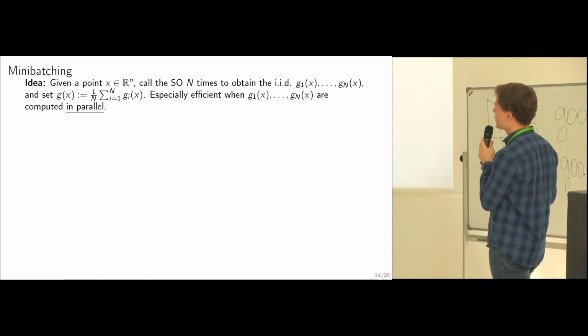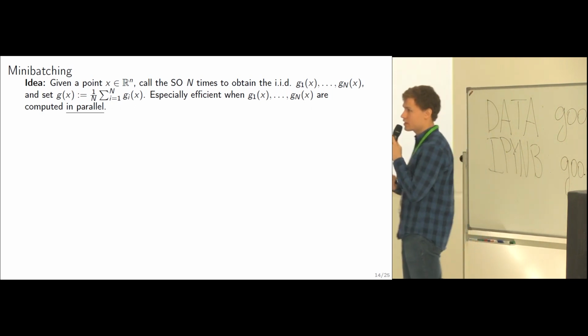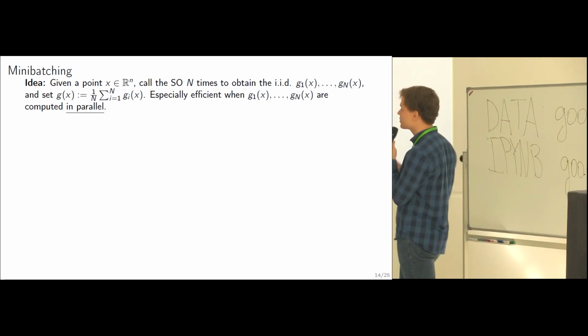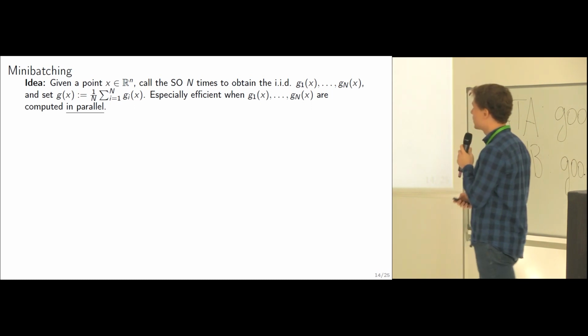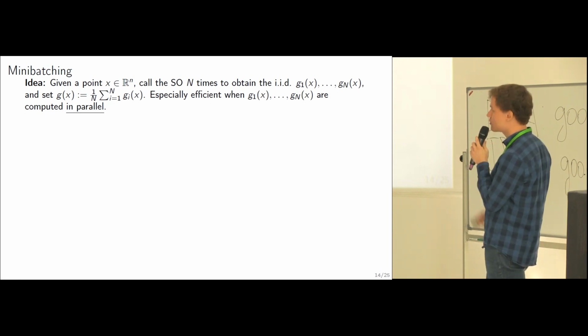So in terms of the complexity for generating stochastic gradients, if we have parallelism, this is the same. However, we may hope that by taking n very large, this will decrease the variance and accelerate the method.